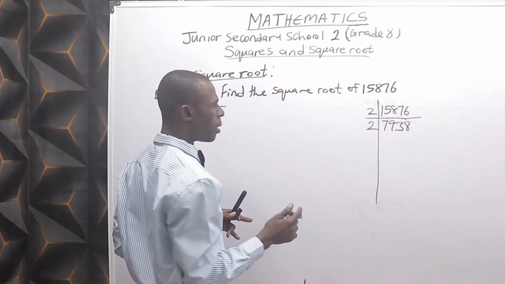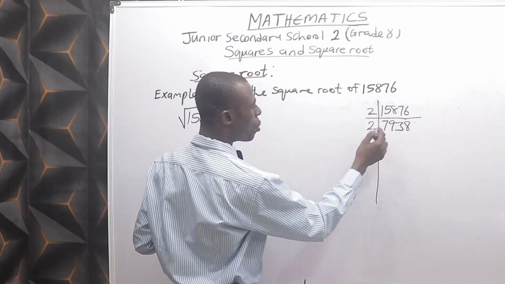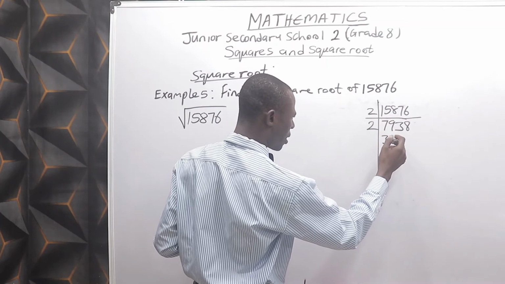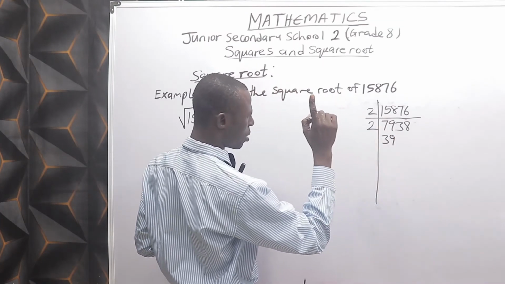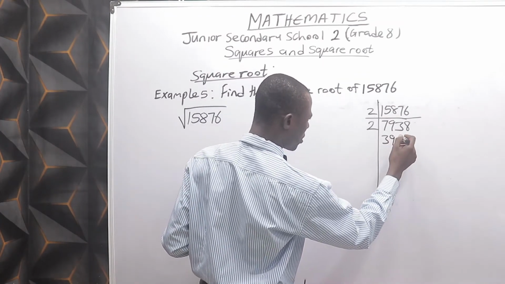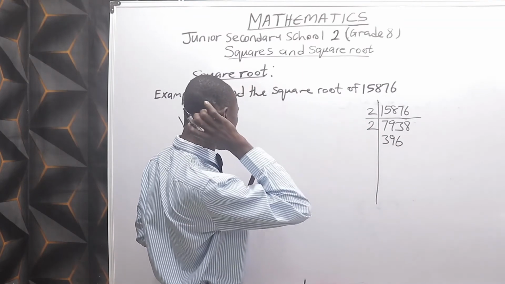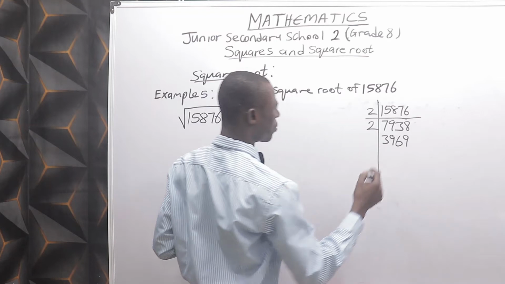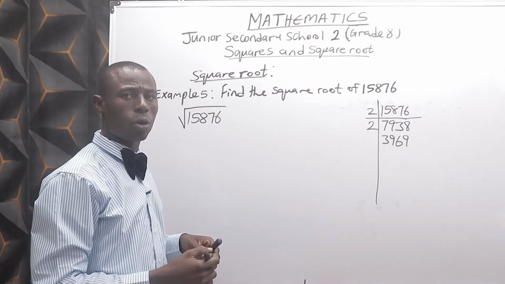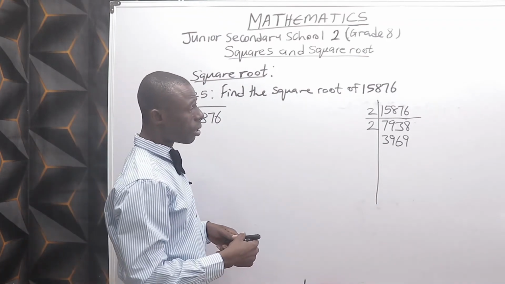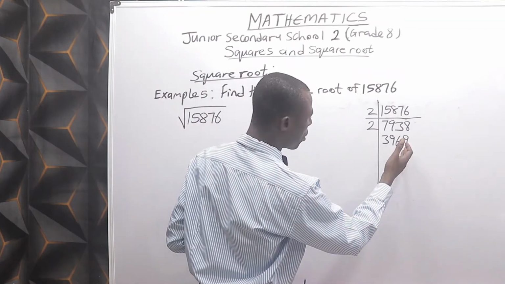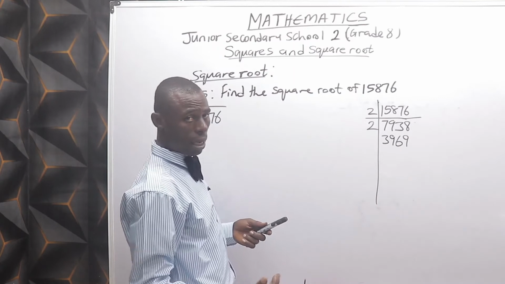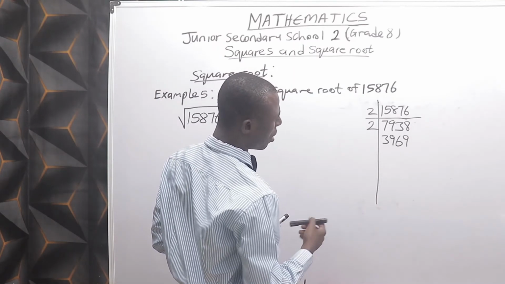So 2 can divide. 2 in 7, 3. In 19, 9, remains 1. In 13, 6, remains 1. In 18, 9. 2 can no longer divide this because an even number does not end it and 0 does not end it. So what number can go?